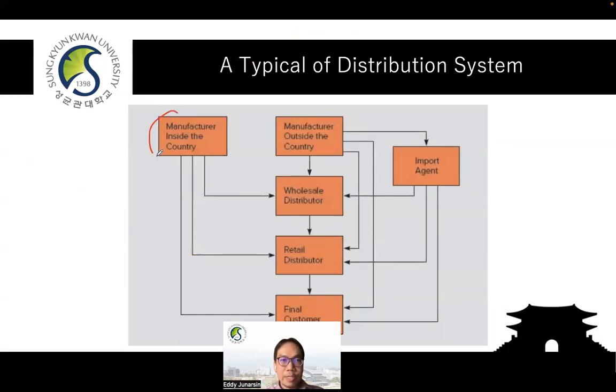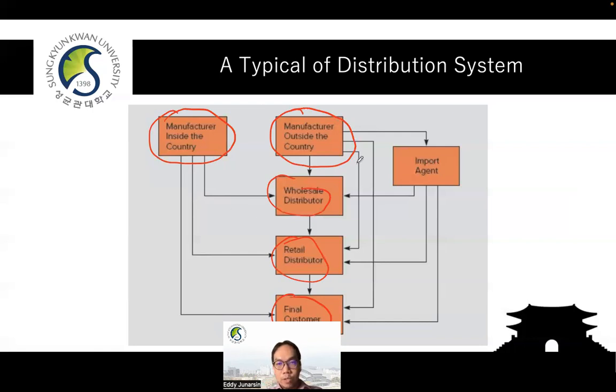So let's see quickly here. If we manufacture inside the country, this is the easiest to imagine, right? You produce your automobile products, for example, in China, then you could sell them directly to your customers, or of course, you can sell them to retailers and wholesalers. What about if you manufacture outside the country? You produce a certain type of car in South Korea, and you want to sell it in China.